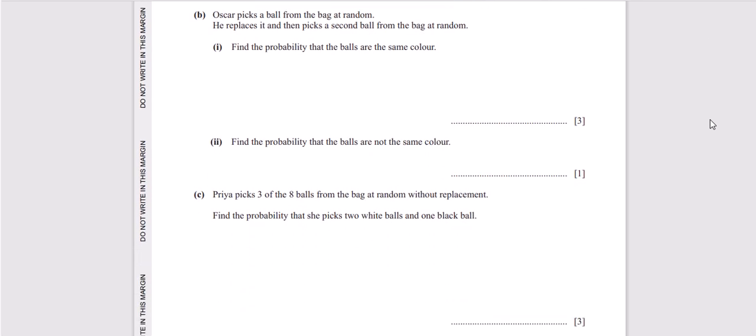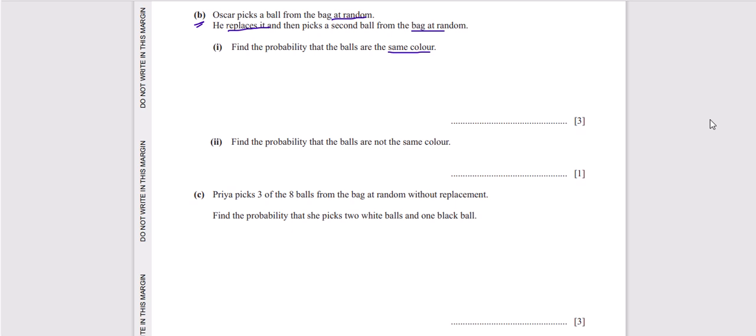Part B. Oscar pick a ball from the bag at random. He replaces it and then pick a second ball from the bag. Find the probability that the ball are the same color.